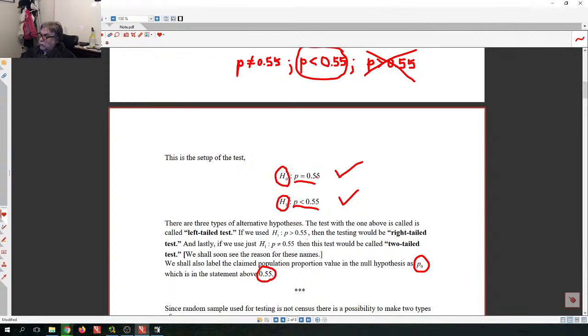That's the presumed population proportion, because the claim says population proportion is equal to 55%. So P0 is 55%. That's what is claimed in the initial hypothesis. That's why it's P0, P null. So we are labeling this number, and we are assuming that this is indeed the population proportion.